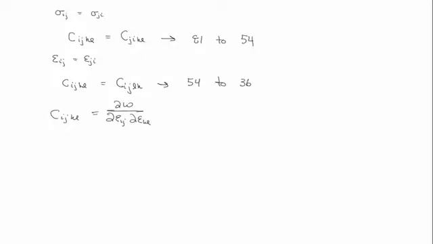So that implies that C_IJKL is equal to C_KLIJ, and that takes us from 36 to 21.